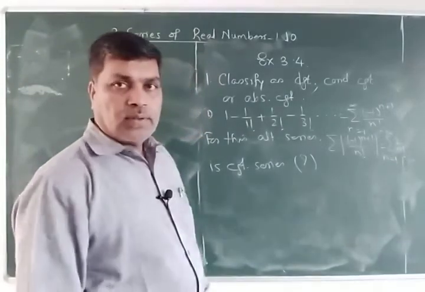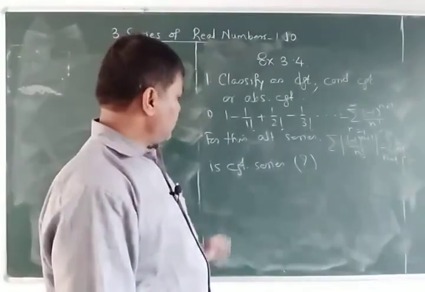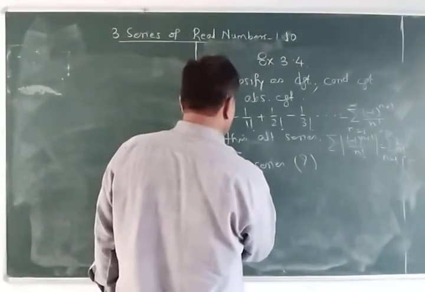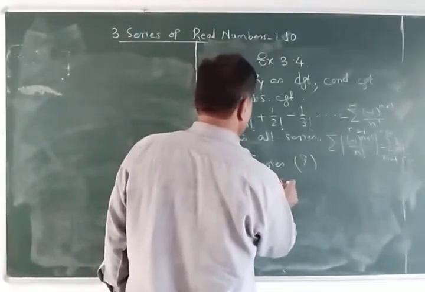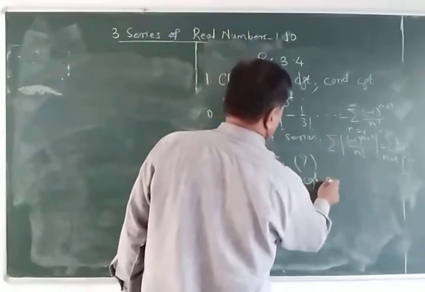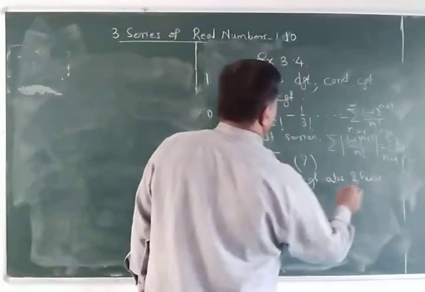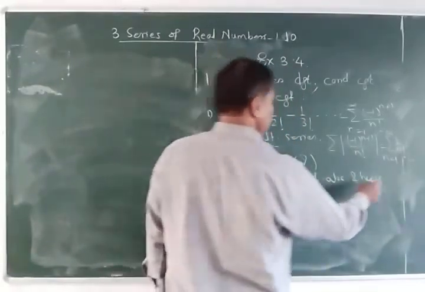We are going to show how it is convergent. And therefore, the given series converges absolutely, and hence convergent.